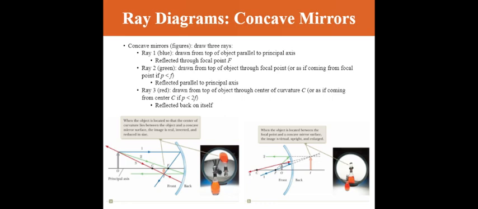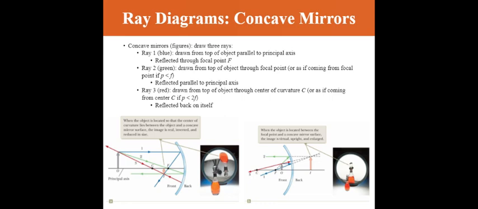For an object facing a concave mirror that's far from the principal axis, the image will be real and upside down and smaller than the object. So you can see the ray diagram on the left is showing you that, how the three rays intersect below the principal axis in front of the mirror.